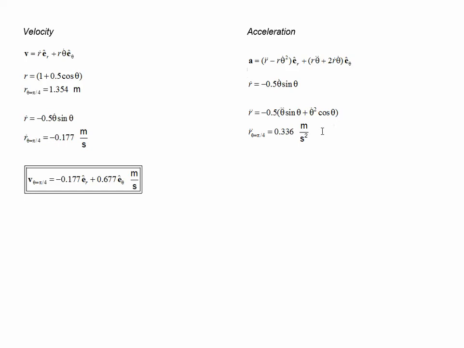We plug in theta equals pi over 4, and we get 0.336 meters per second squared. Now we have all the information we need to come up with a numerical value for the acceleration. So we just plug in and get the r direction and theta direction components of the acceleration. And that completes the problem.